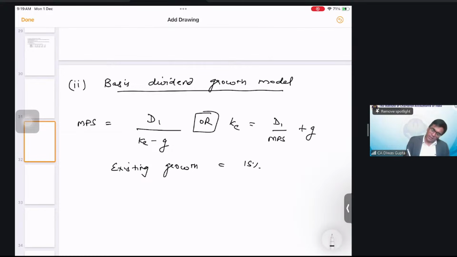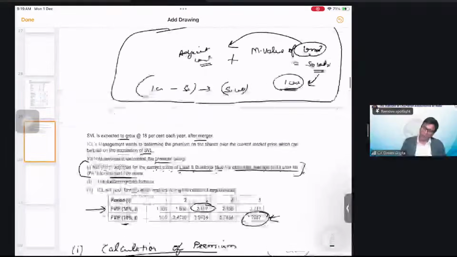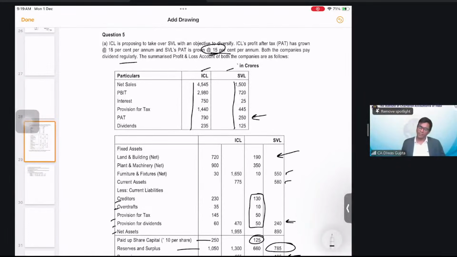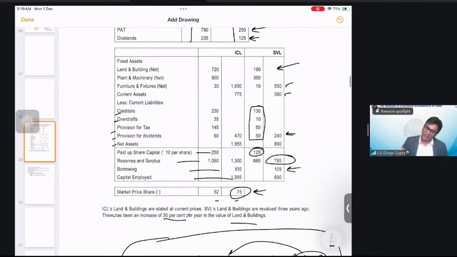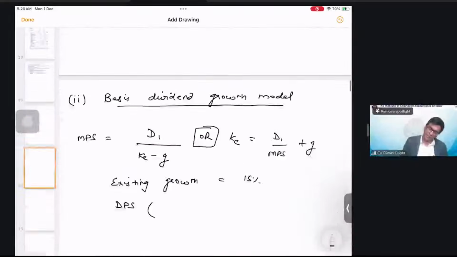Okay. The dividend per share is actually how much? Since the question has said that they have been regular in paying dividend, hence 125. So this dividend is already given as 125. So this 125 divided by the number of shares will give us the dividend per share.